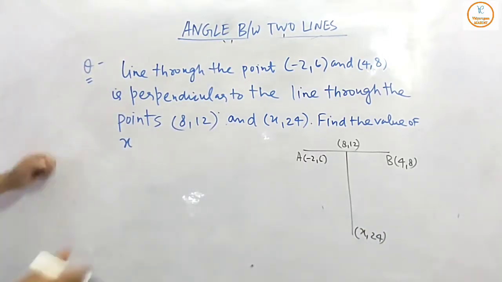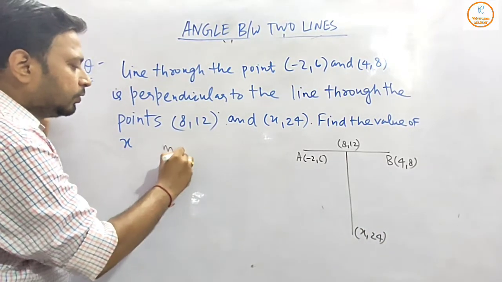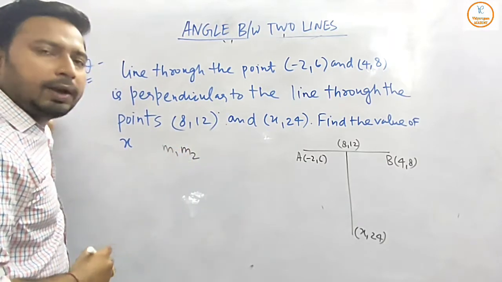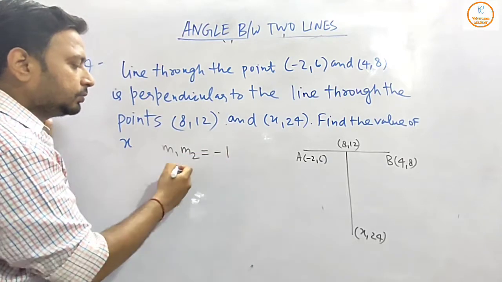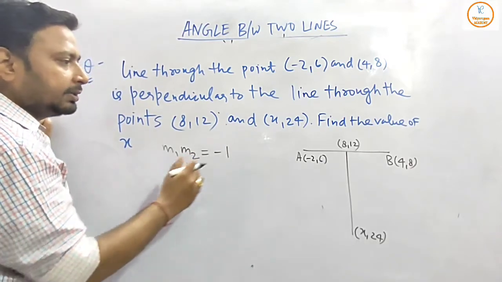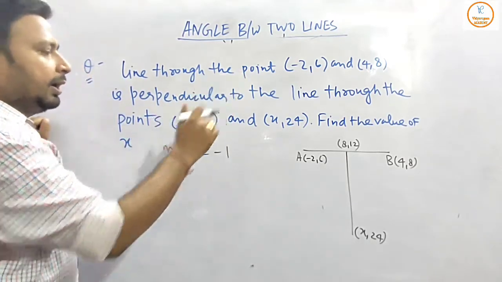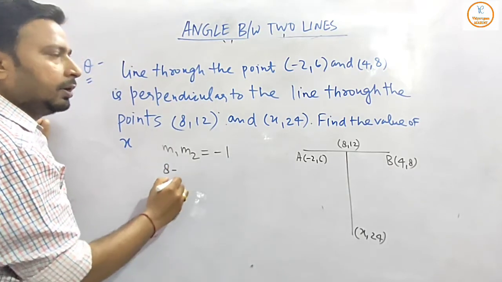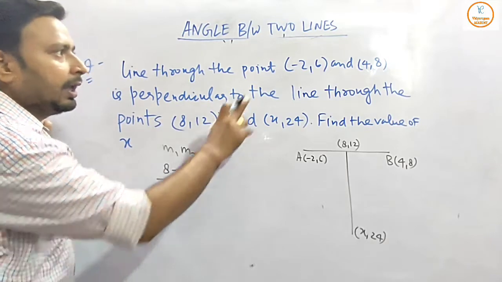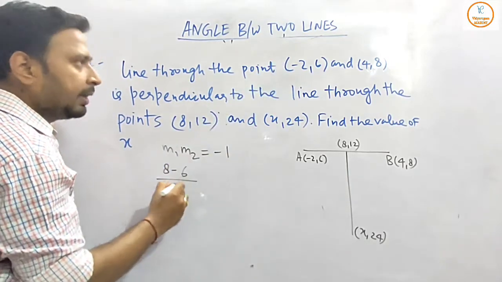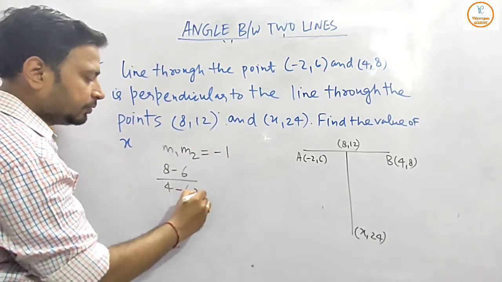We have used here m1 m2 is equal to minus 1. For perpendicularity of lines, the product of the slopes of two lines is equal to minus 1. So the slope of the first line is y2 minus y1 upon x2 minus x1, that is 8 minus 6 upon 4 minus minus 2.